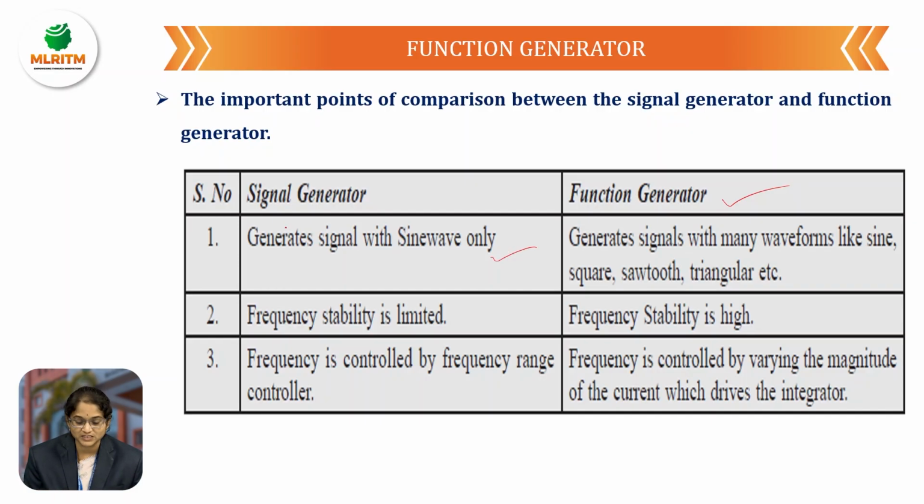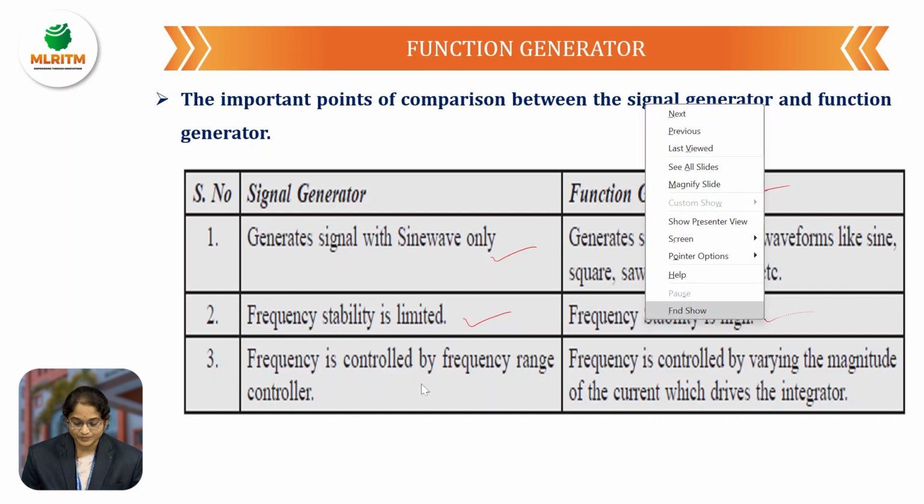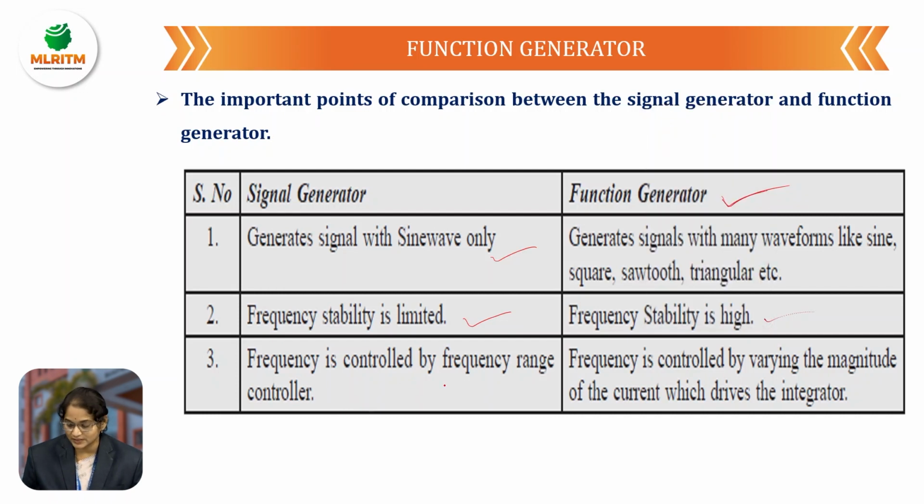With the function generator, we can generate many waveforms like sine, square, triangular, sawtooth, etc. The frequency stability is limited in signal generators, while in the function generator the frequency stability is very high, and the frequency is controlled by varying the magnitude of the current which drives the integrator.